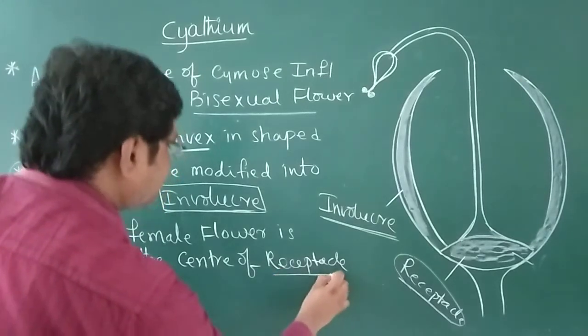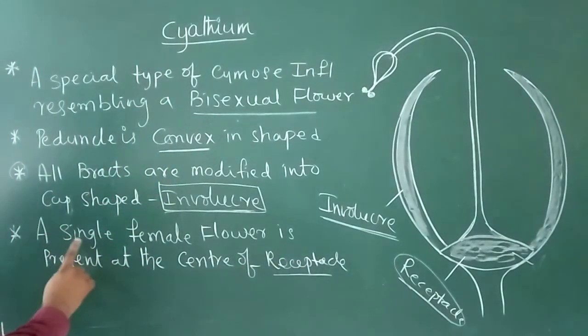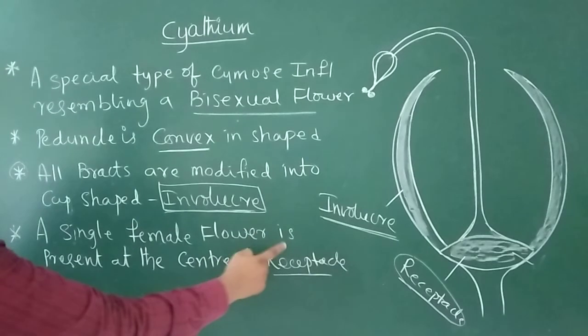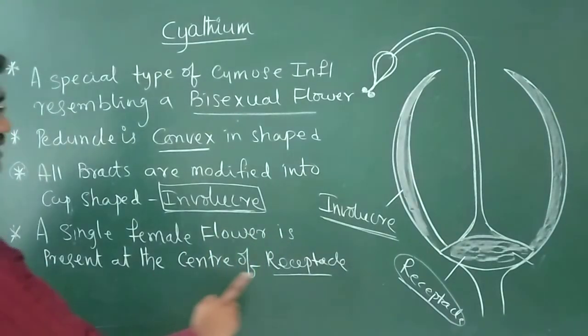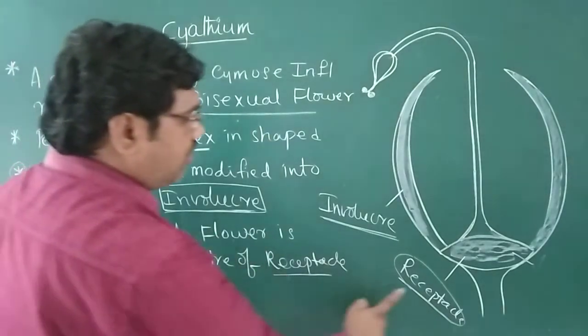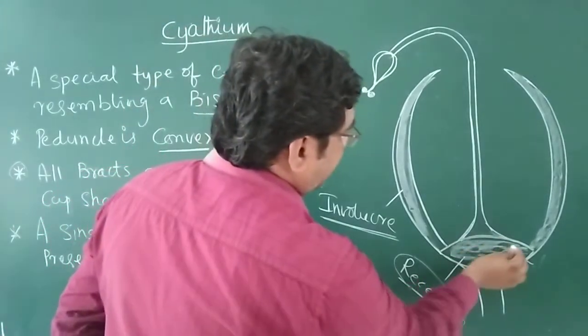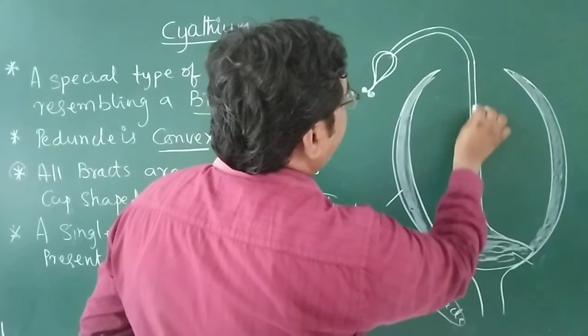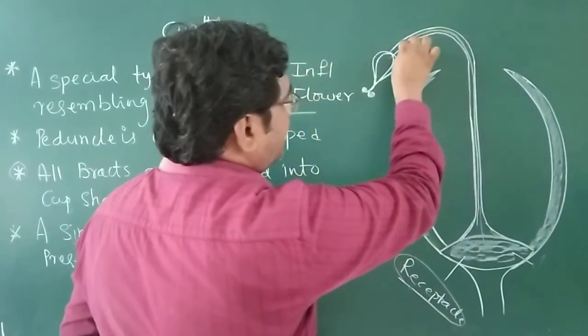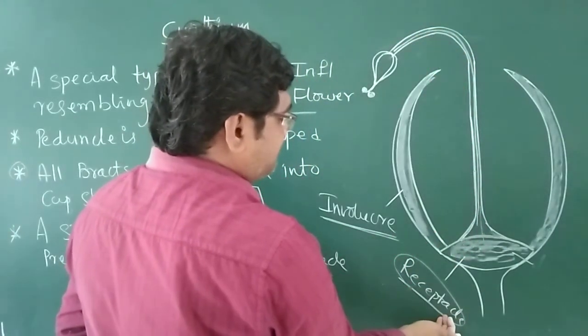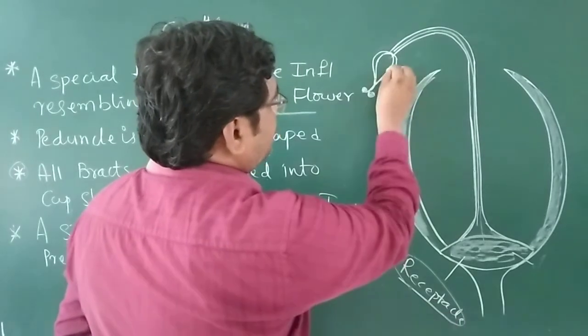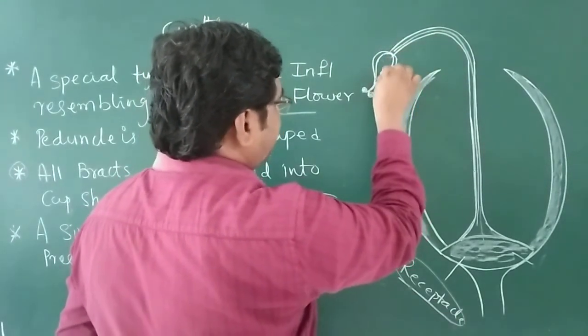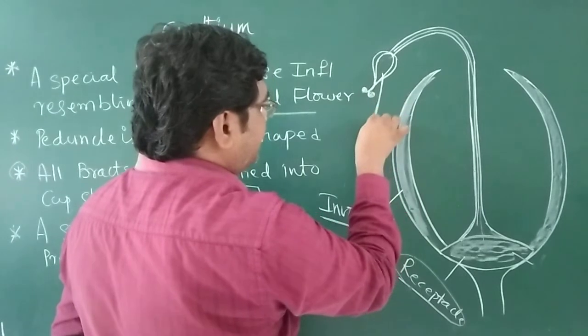This is the female flower. A single female flower is present at the center of the receptacle or peduncle. This is the peduncle, and on the peduncle, a single female flower is present at the center of the receptacle. So this is the single female flower.